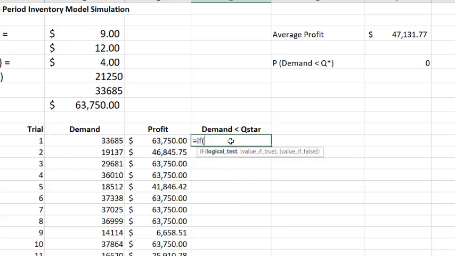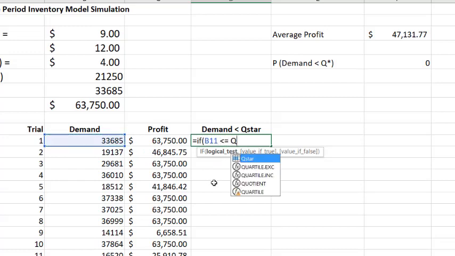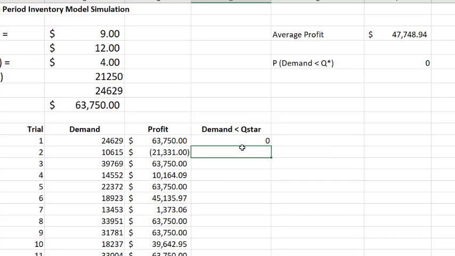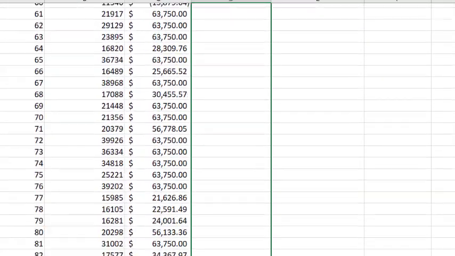So if my demand, which is B6, is less than or equal to Q star, I'll let this value be 1, otherwise I'll make it 0, and let's see what happens. Notice that in this case, for this trial, demand is 24,000 and the optimum order quantity was 21,50, so obviously that's a 0, and I'm just going to copy this formula all the way to trial number 1000.